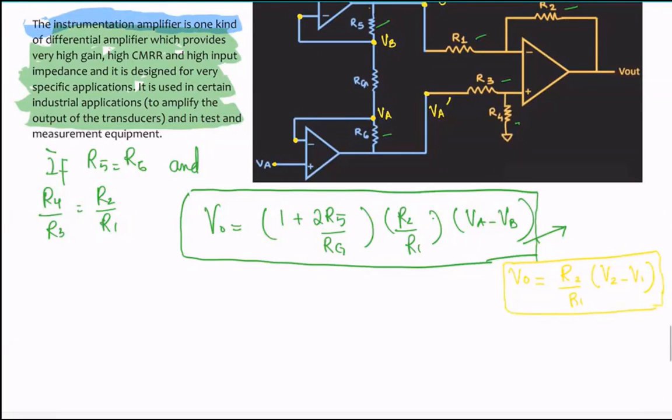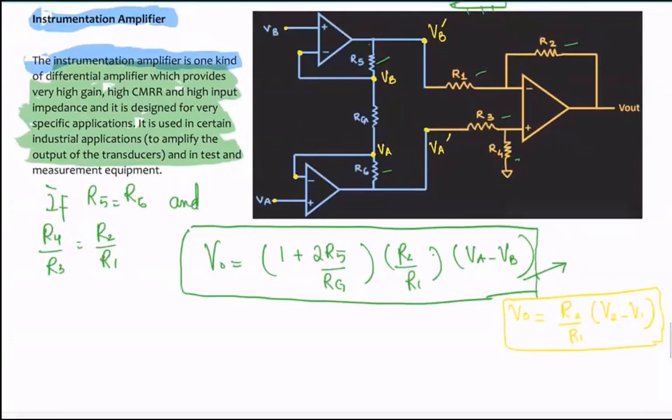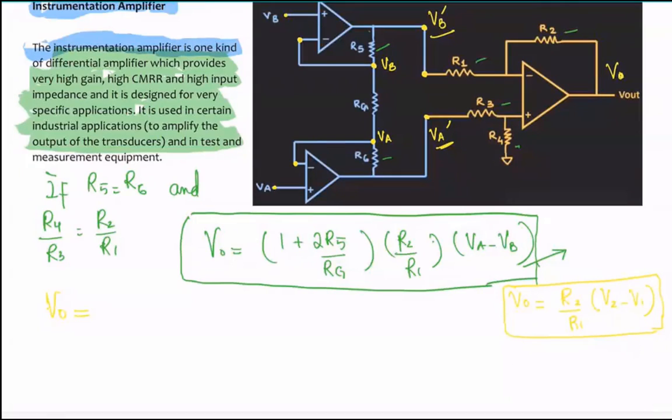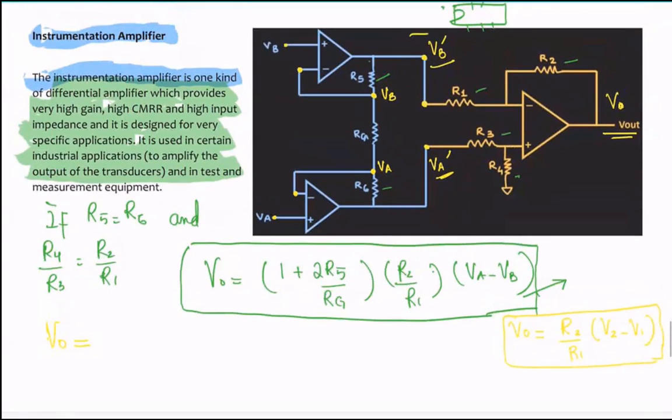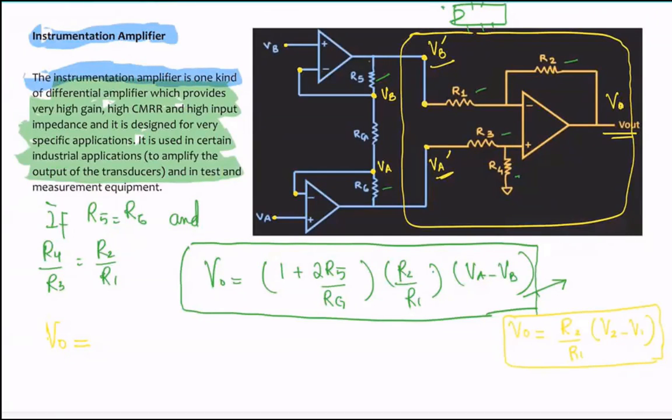If I ask what the value of the output voltage V naught is, considering that here you have VB bar and VA bar, what would be the equation for V out? This whole thing is a differential amplifier, and its output voltage equation is given here in the yellow box.